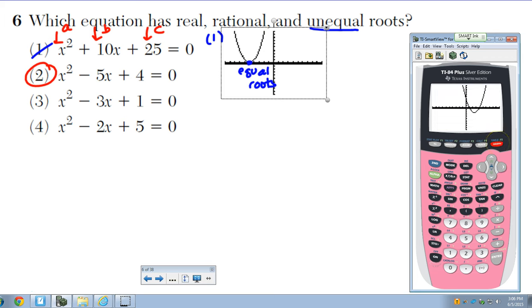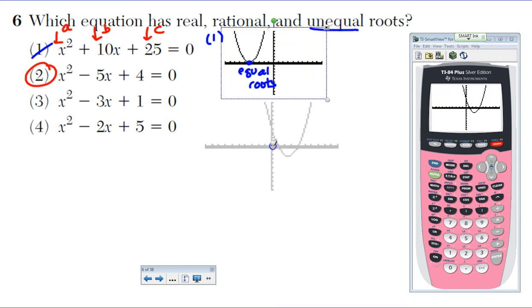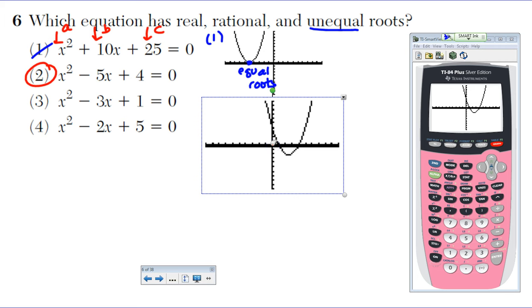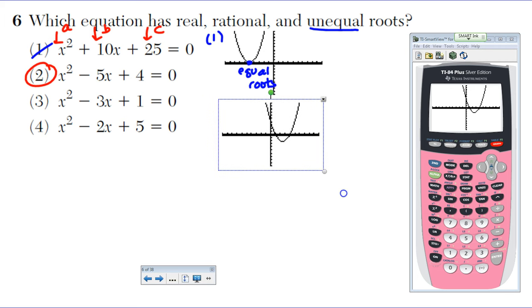So I can feel good that that is truly a hit, because sometimes it can be deceiving. So choice 2 is actually hitting at 1 and 4. That means those are the answers. There are 2, so that means unequal answers, and they definitely are real, and they are rational. So I now know it's choice 2.